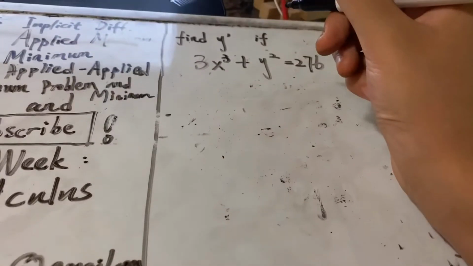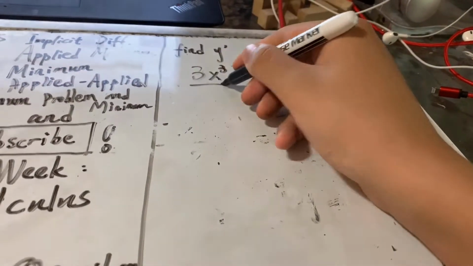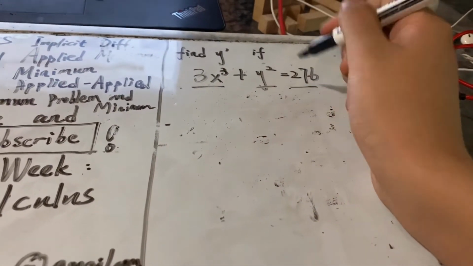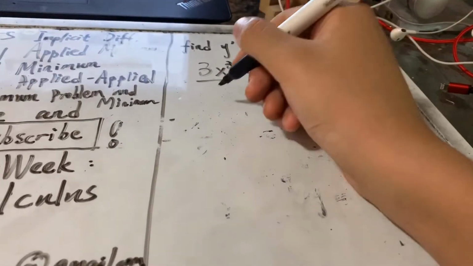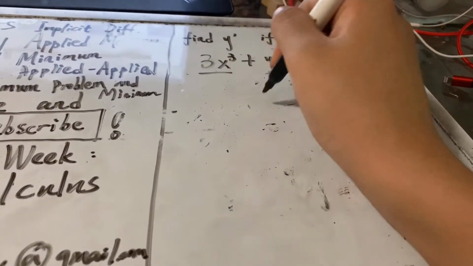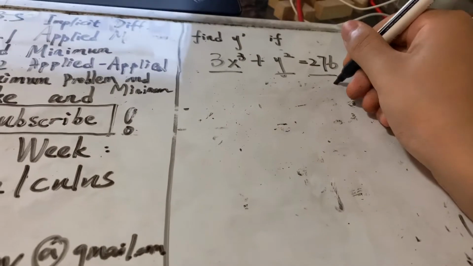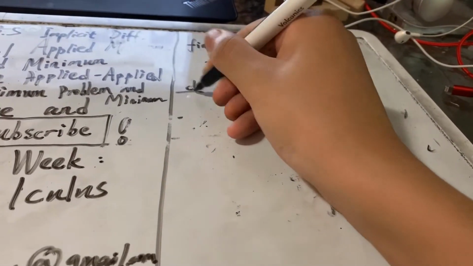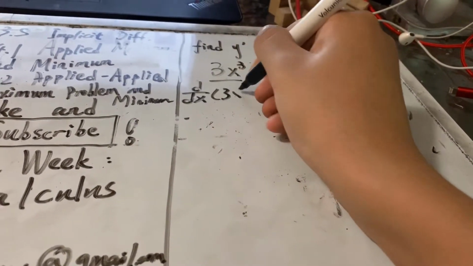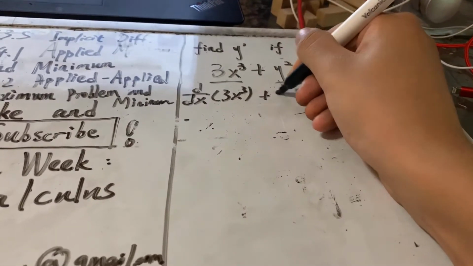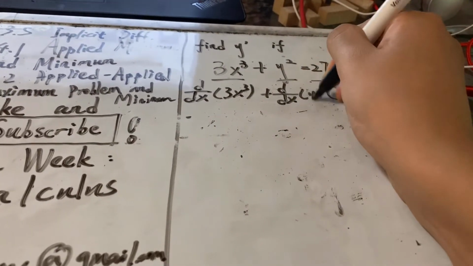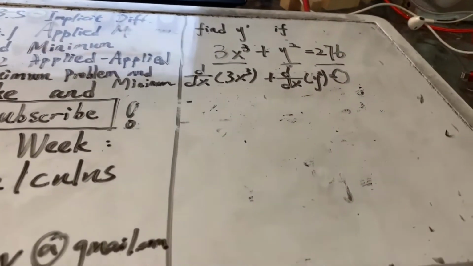How we are going to solve this is that we are going to, again, add d/dx on both sides, and you will get this: 3x cubed plus d/dx of y squared equals 0, right?